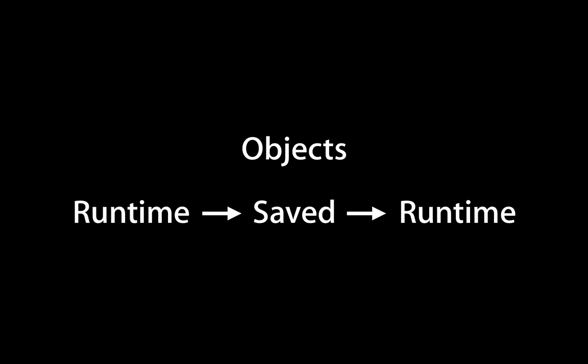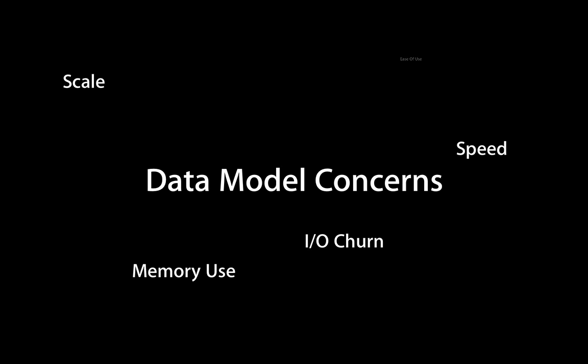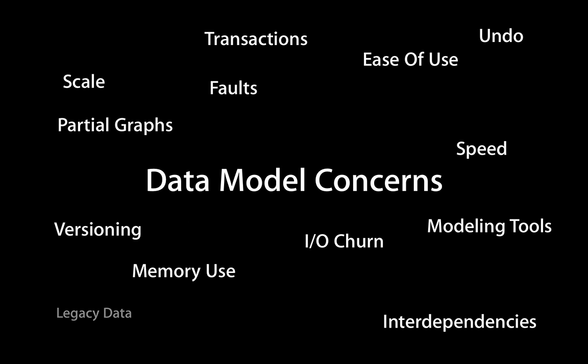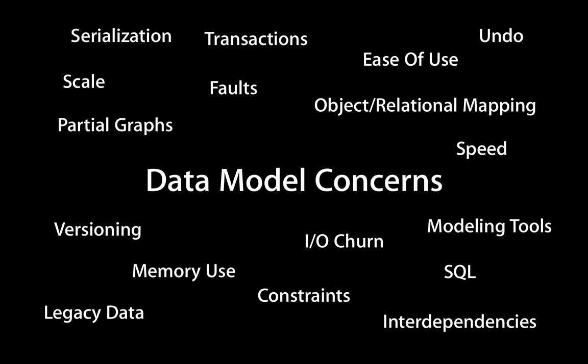So this is what you're really worried about, probably in a real-world sort of way. So let's talk about the different data model concerns, the different things that you may need to think about where you're trying to balance the trade-offs between the different choices that you have for modeling your data. Well, there are lots of them.